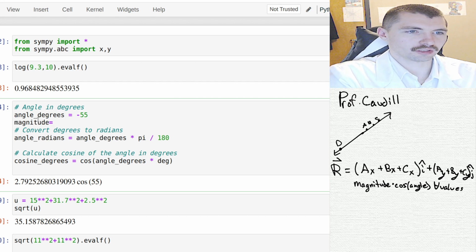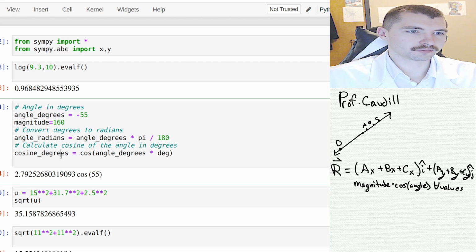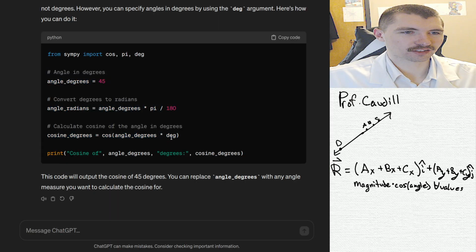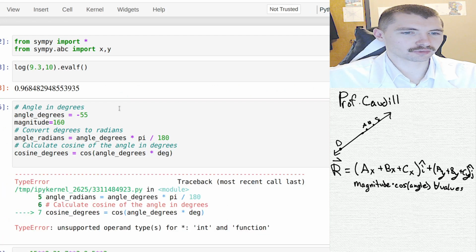Magnitude is 160. Angle degrees. So that, yeah, Senpai is doing times degree and didn't even specify a degree, so I don't know what this will output.